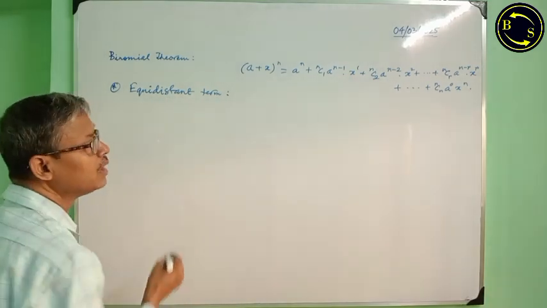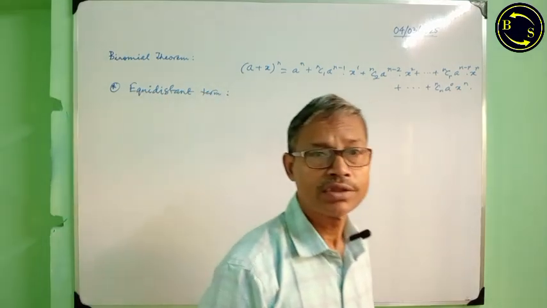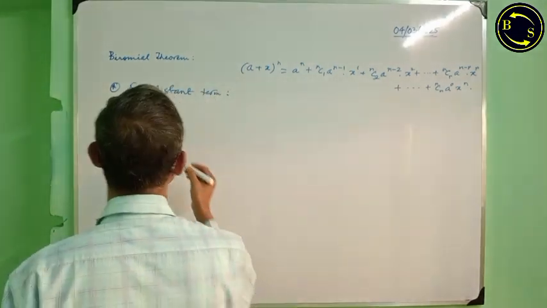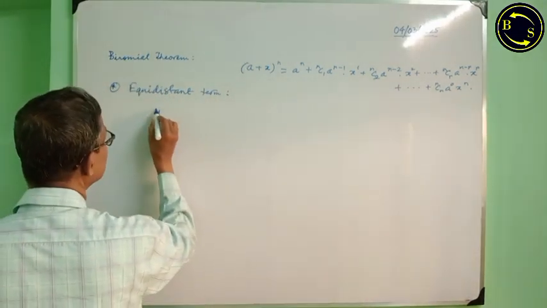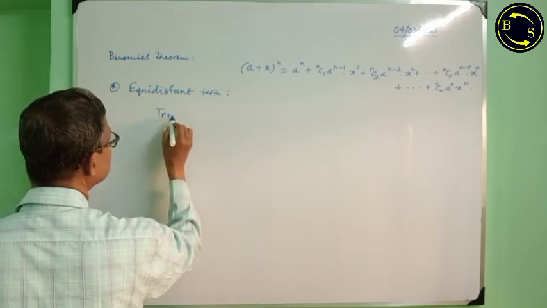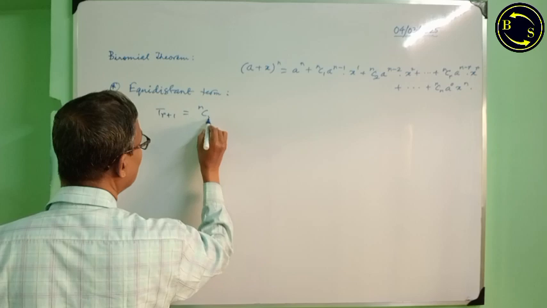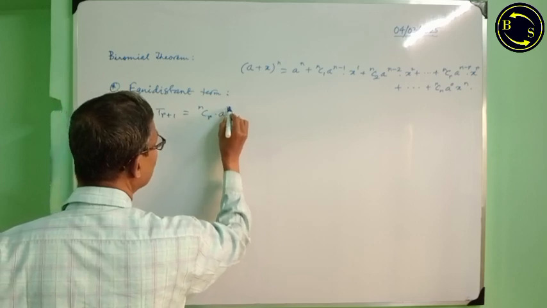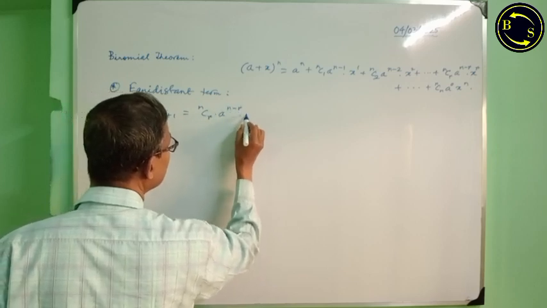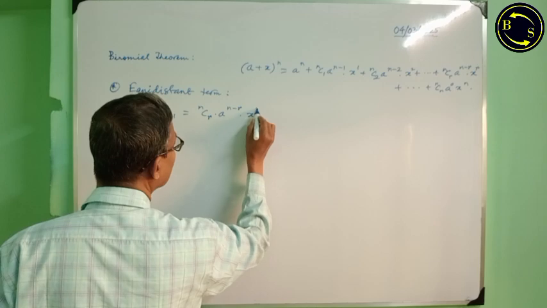First we consider the r plus 1th term. That is the general term, means nCr a to the power n minus r into x to the power r.